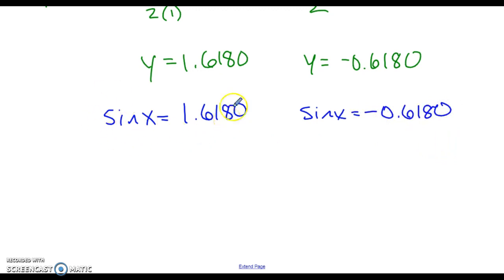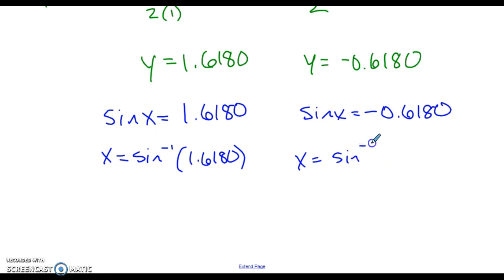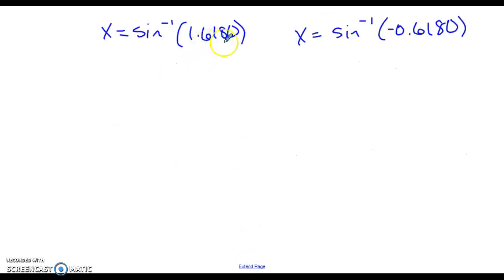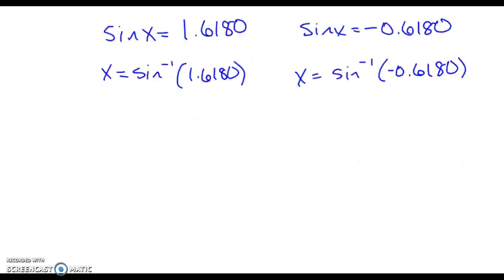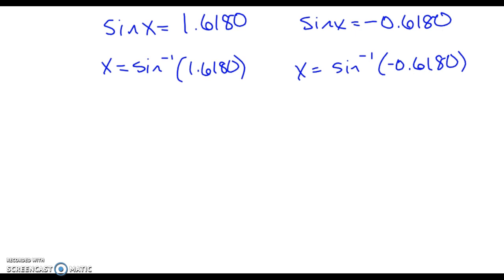And now I need to solve each of these equations by doing the inverse sine. And now you'll notice that that is definitely not a value on the unit circle, so I need to use the methods that we've been working on today.